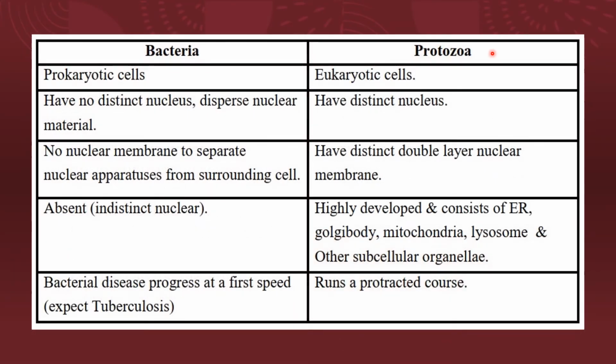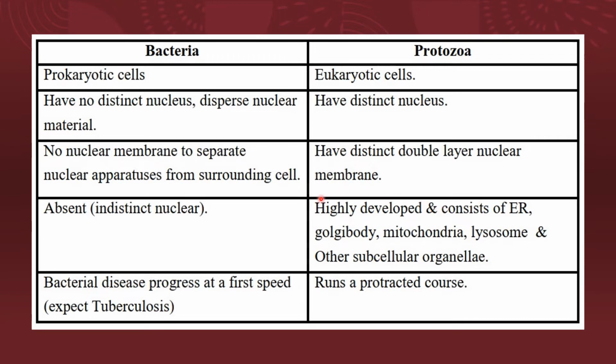This table shows the major differences between two pathogenic organisms, the protozoa and the bacteria. The protozoa is considered to be eukaryotic, while the bacteria are prokaryotic cells. Protozoa have a distinct nucleus, while the bacteria have no distinct nucleus, so that its nuclear material is dispersed. Protozoa have a distinct double-layer nuclear membrane, while the bacteria has no nuclear membrane to separate the nuclear apparatus from the surrounding cell.